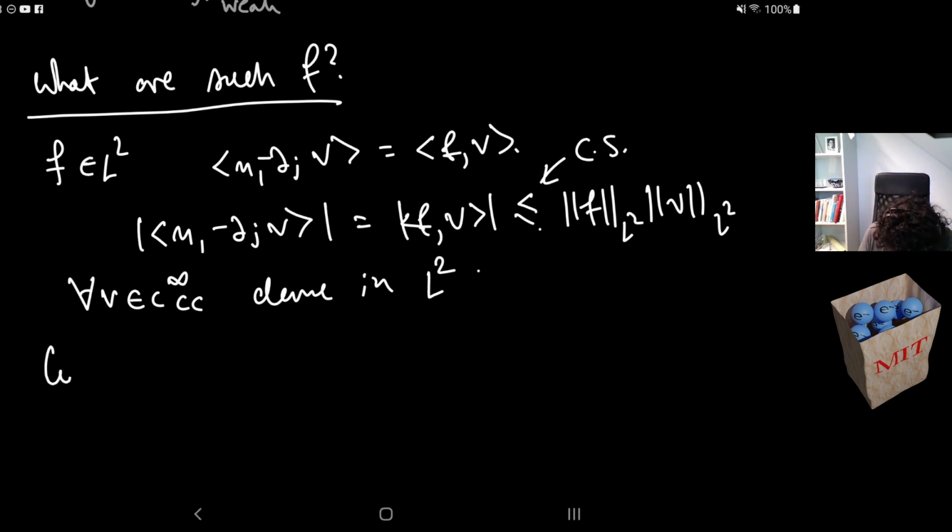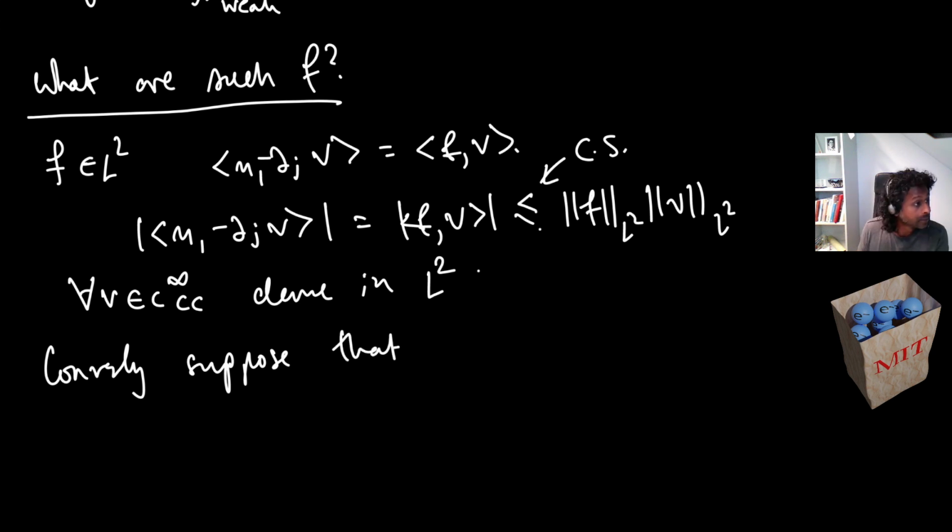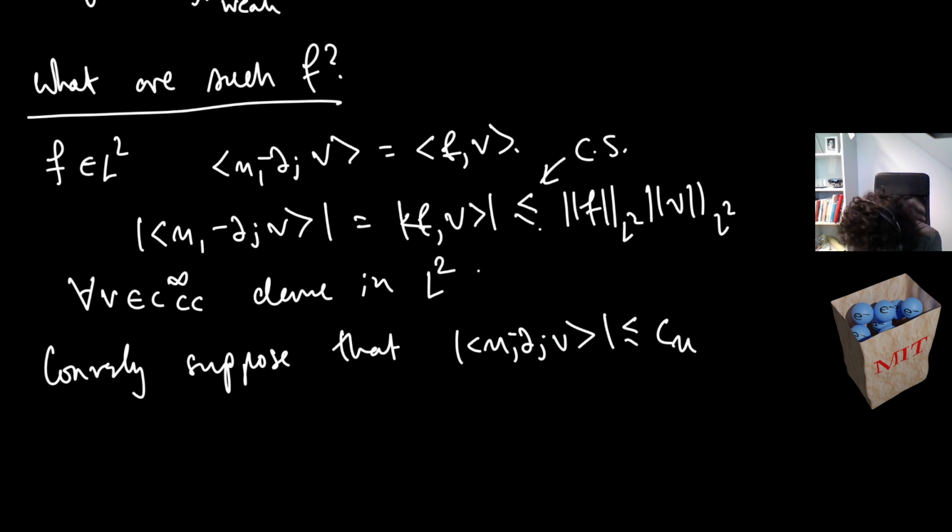So conversely, suppose that U partial J V is bounded by some constant, possibly depending on U, times the L2 norm of V, for all V in C infinity CC of omega.